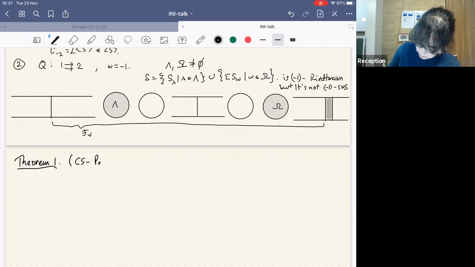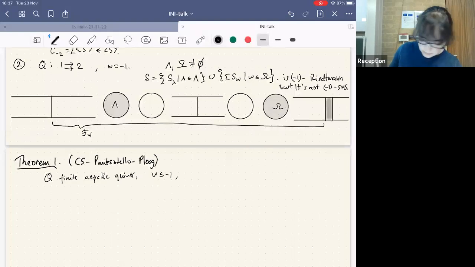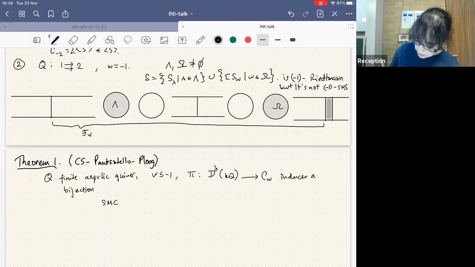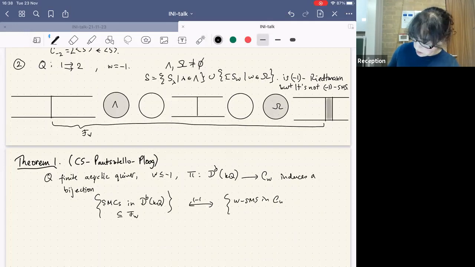So again, Q is a finite acyclic quiver, W negative, and the statement is that this projection functor from the derived category to CW induces a bijection between simple-minded collections in the derived category contained in FW and W simple-minded systems in the Iyama-Jin category.